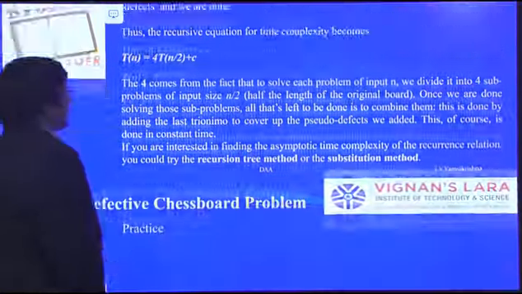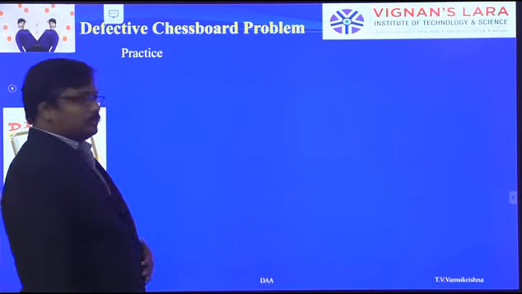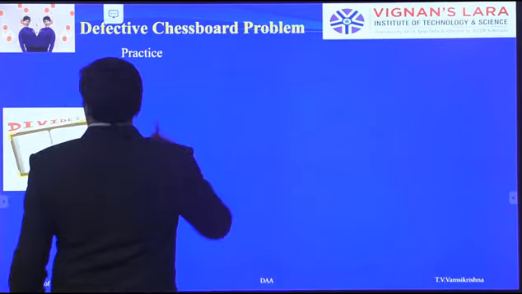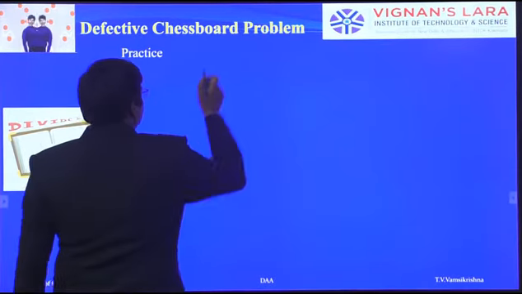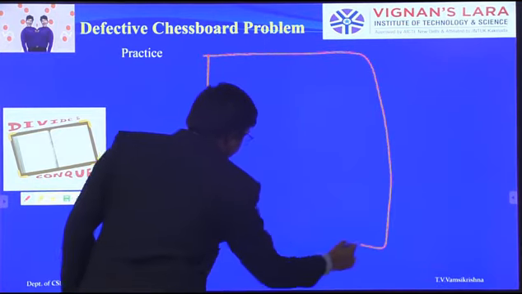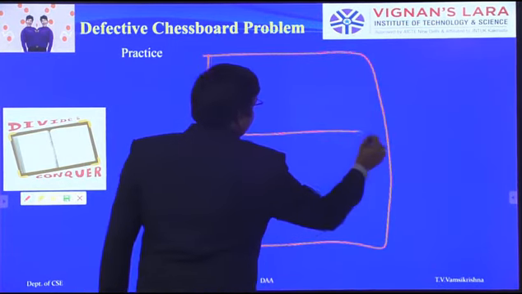Next. So, for practice, I have taken an 8 by 8 chessboard. This is the last chance, but it's a very interesting problem. You can solve it very easily, right?